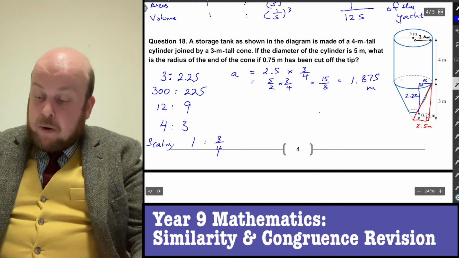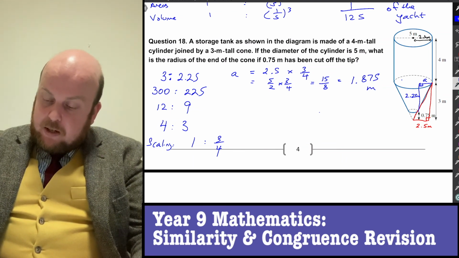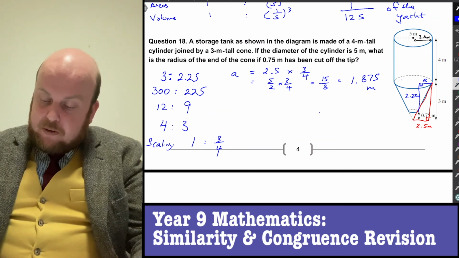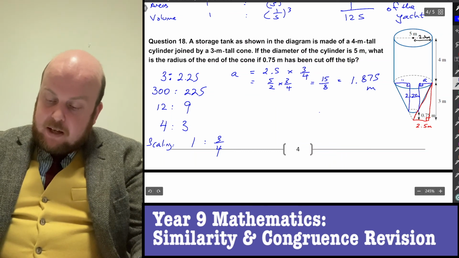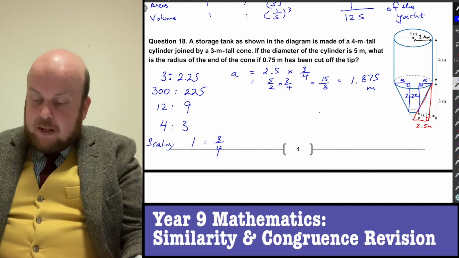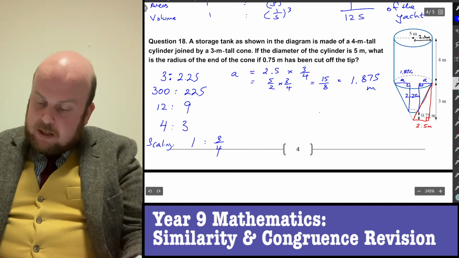And that A is going to be 1.875 meters. Given that, that little triangle there, if I could fit along here, is also worth A. So that's going to be 1.875 meters.